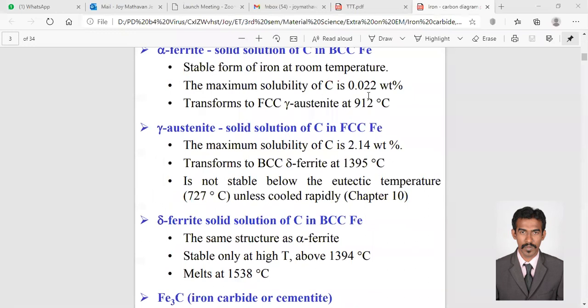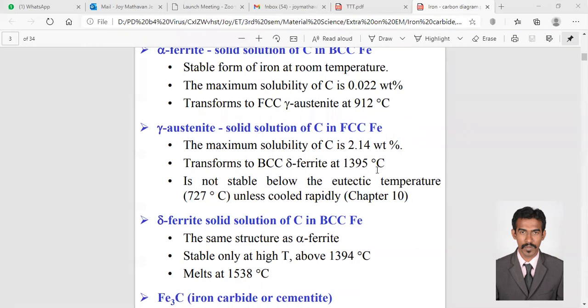It transforms to FCC at 912, right? This we have already seen. It will transform from BCC to FCC at 912 degrees Celsius. And then I have gamma, which is austenite. Here the maximum solubility of carbon is 2.1, which we have already seen. It transforms from FCC to BCC delta ferrite at 1395.